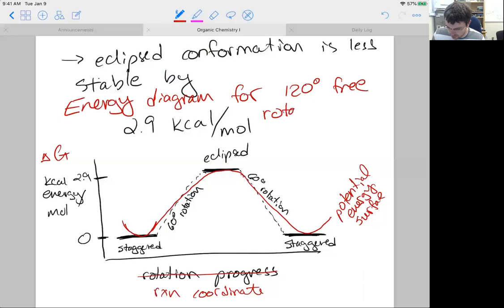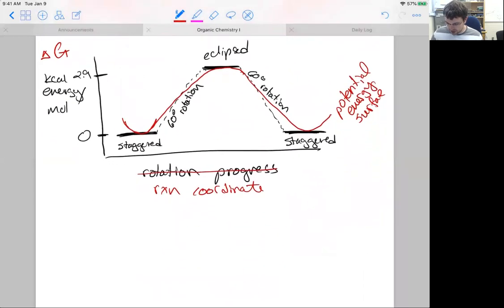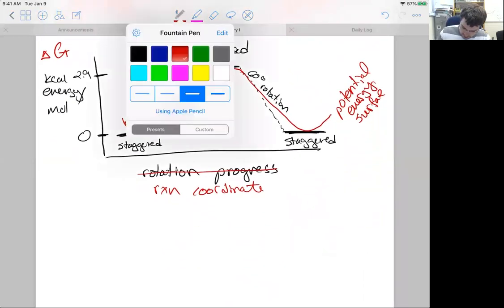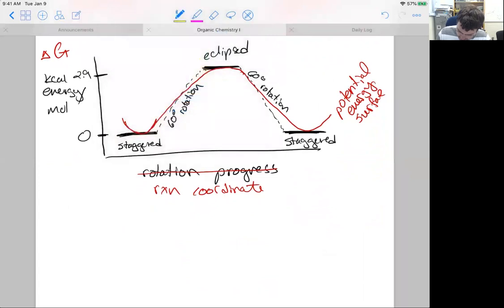So 120-degree free rotation is shown by this energy diagram. And there are some really interesting things that emerge. If you look at this energy diagram, the eclipsed state is really a transition state.